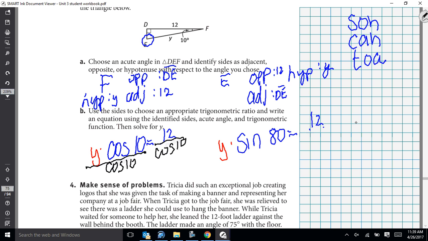Because I just want y, everything that's not y gets divided out. We multiplied by y because it was in the denominator. So now we're going to take 12 divided by cosine of 10, or 12 divided by sine of 80.